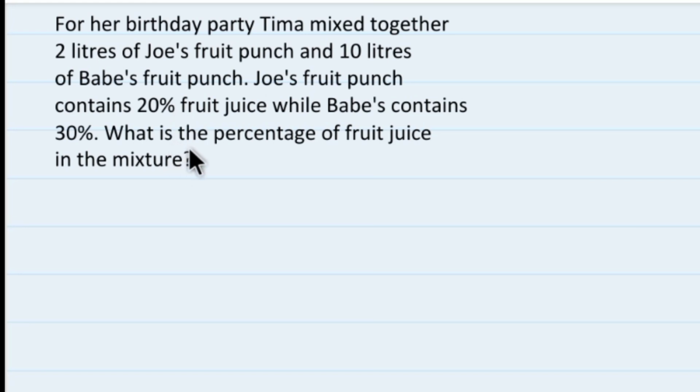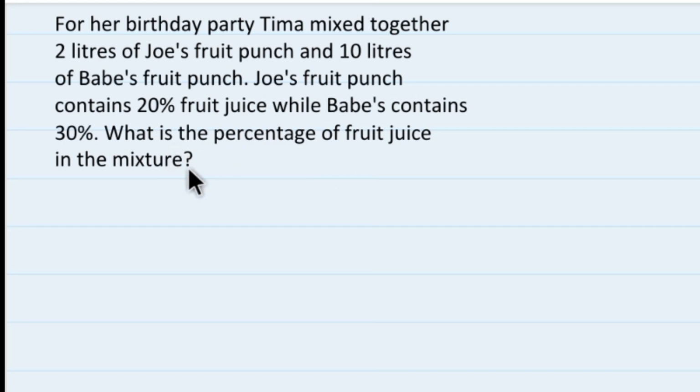However, what we need to find in this problem is the percentage of fruit juice in the mixture. So how do we find a percentage? We find percentage by what we are looking for divided by the total amount. For example, while finding the percentage of marks, we find the percentage by obtained marks over total marks multiplied by 100.